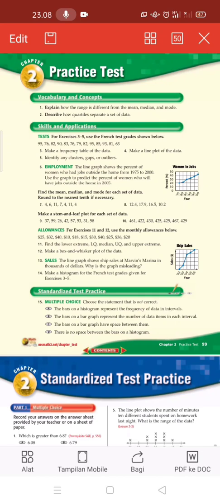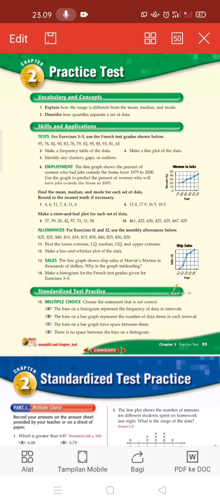9, 37, 59, 26, 42, 57, 53, 51, 58, 10, 4061, 4022, 4030, 4025, 4025, 4067, 4029.